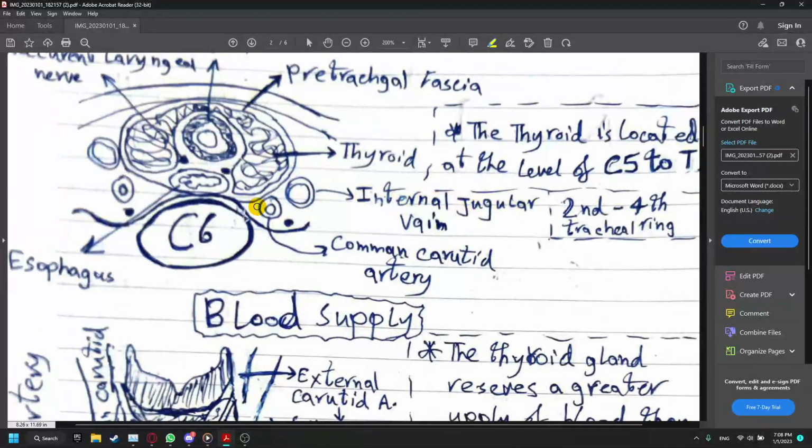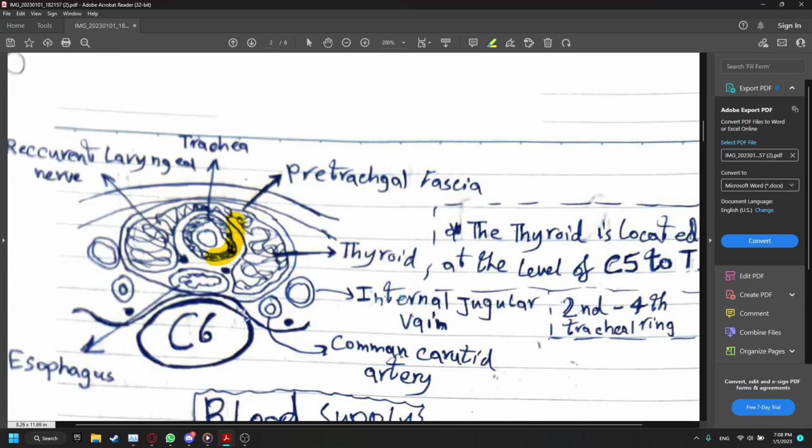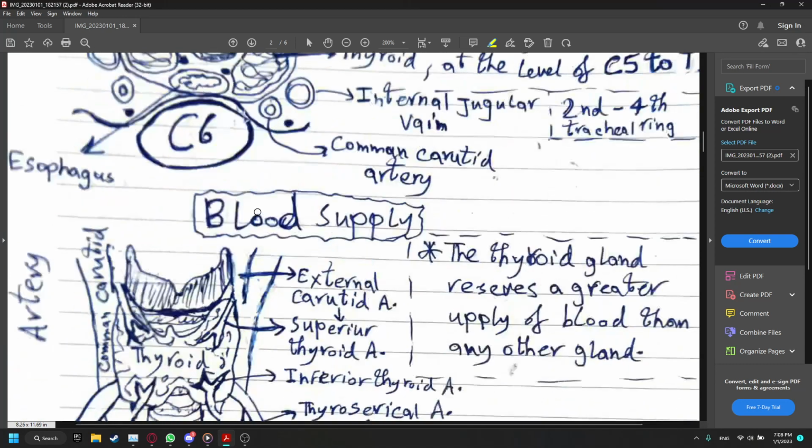So these three are very close to each other: the vagus nerve, the common carotid artery, and the internal jugular vein here, right? I hope that's clear. So this is the trachea, obviously, and the pretracheal fascia. Okay, this one.